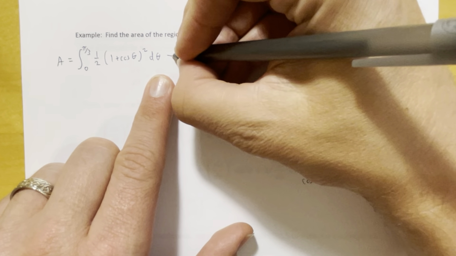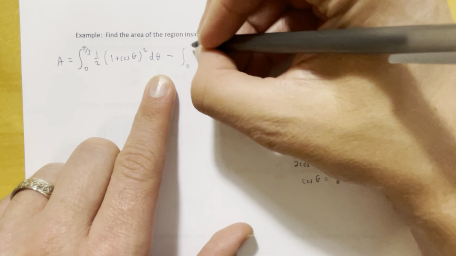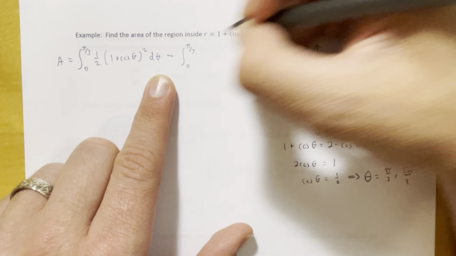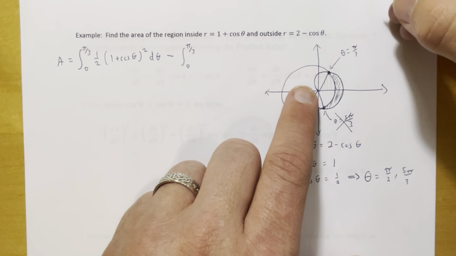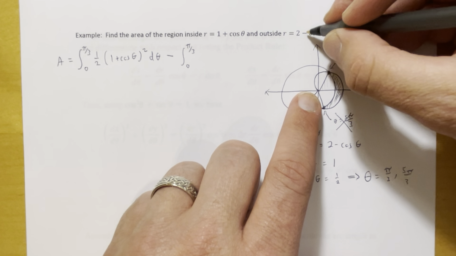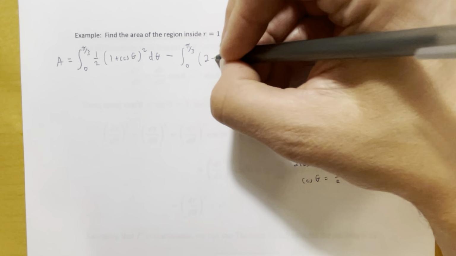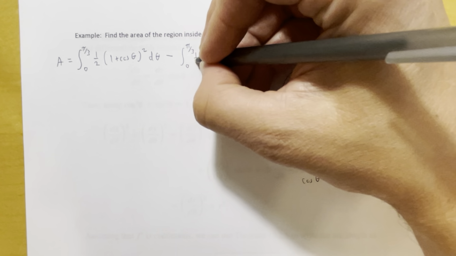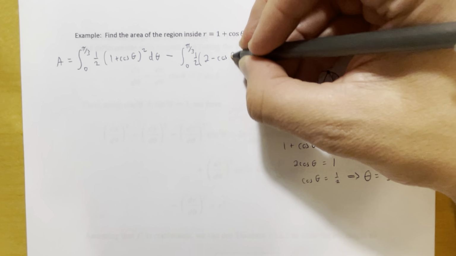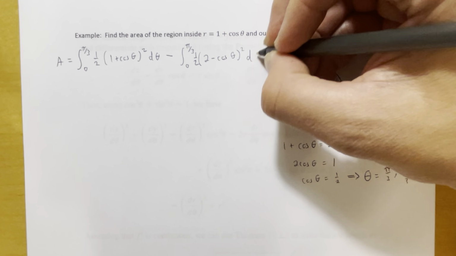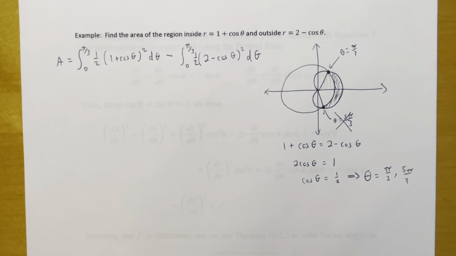And then I'm going to subtract from that the area, still from 0 to pi over 3, of this convex limacon here. So that's going to look like 1/2 of 2 minus cosine of theta squared d theta.